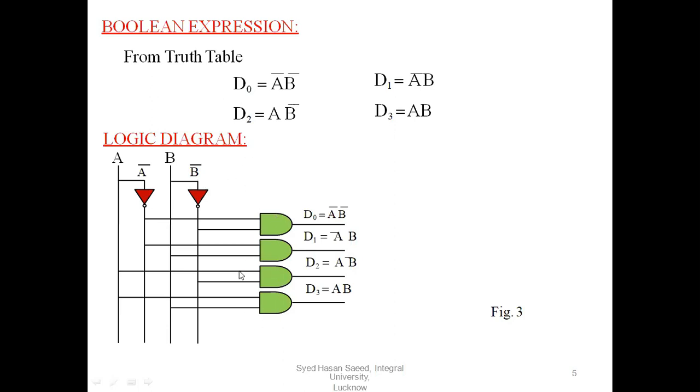All outputs are AND gates: D0 is A bar B bar, D1 is A bar B, D2 is A B bar, and D3 is A B. This is the logic diagram for the 2 to 4 line decoder.